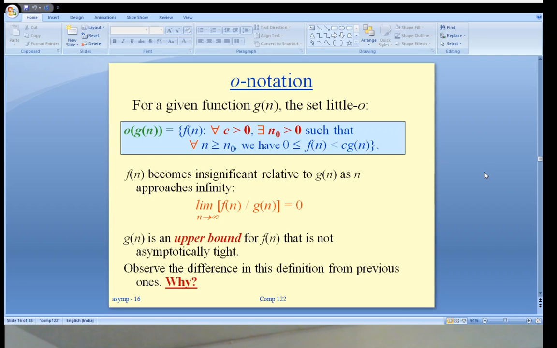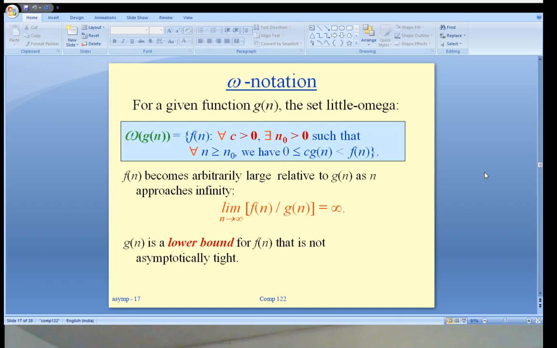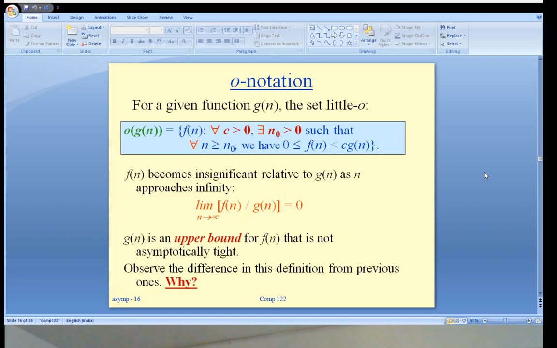What is the difference in definition? It is also an upper bound, but the difference is that this one is much closer to the function. For increasing values of n, the limit of f(n) upon g(n) tends to 0, meaning the function g(n) becomes much greater than f(n).